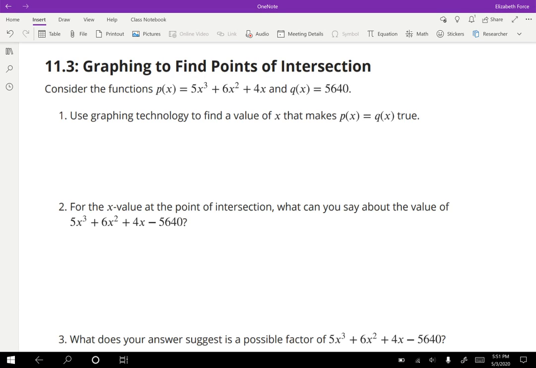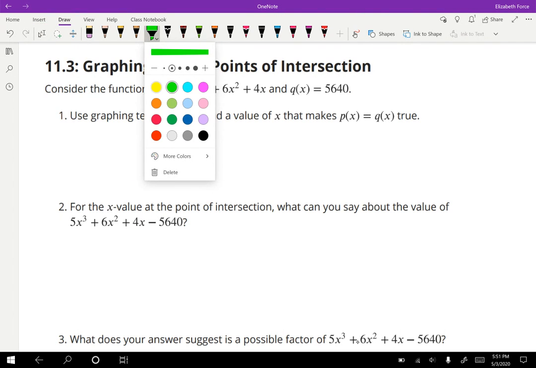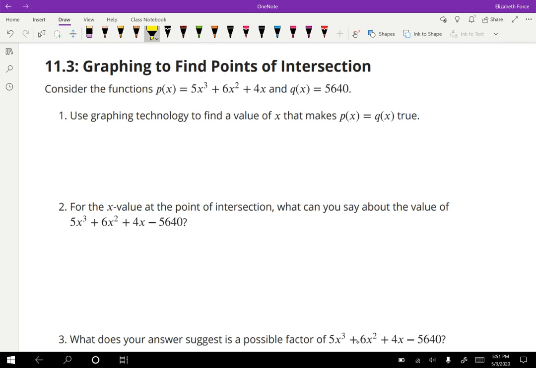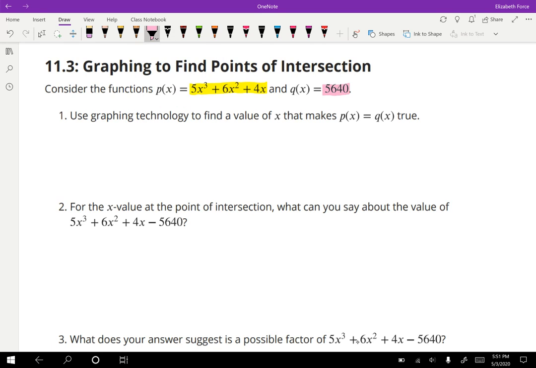In Unit 2, Lesson 11.3, we are given two functions. p of x is a polynomial in standard form of degree 3, so this is a cubic function. The second function is a constant function, q of x, which is constant at 5,640.